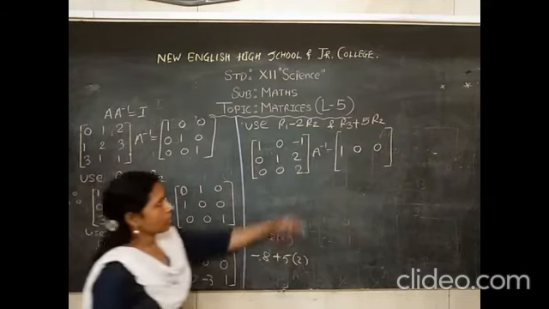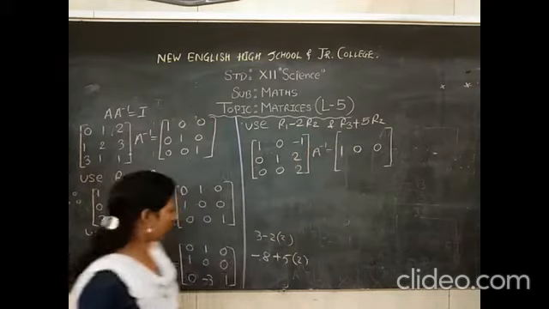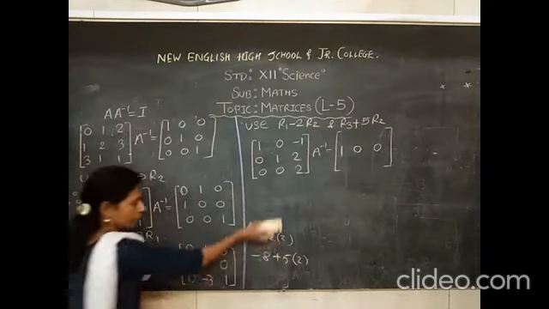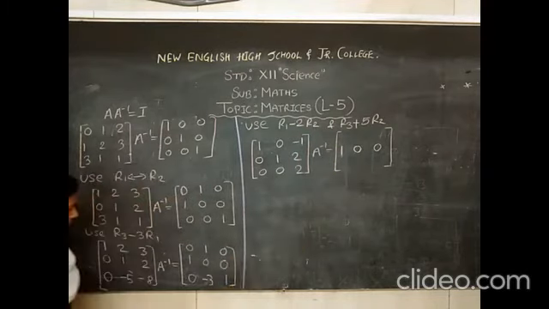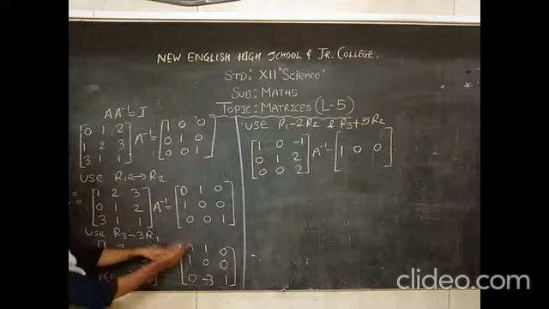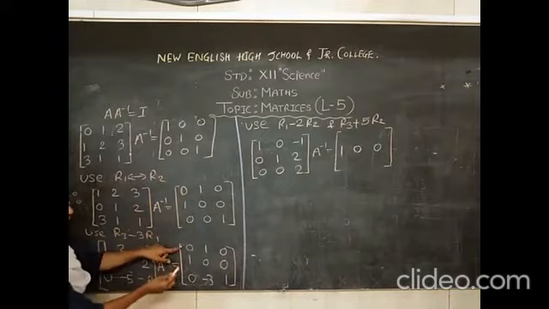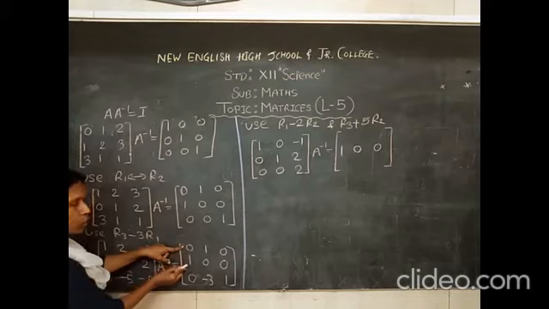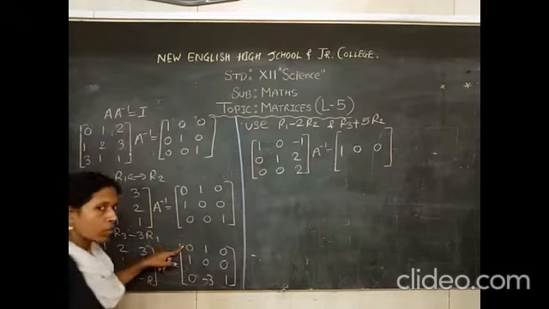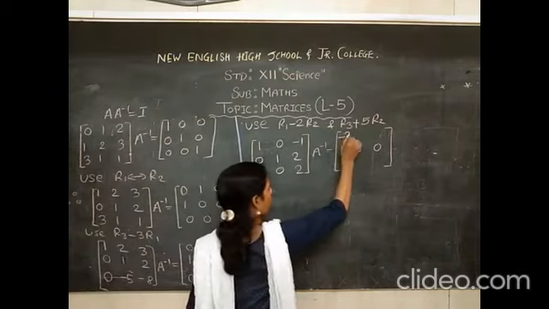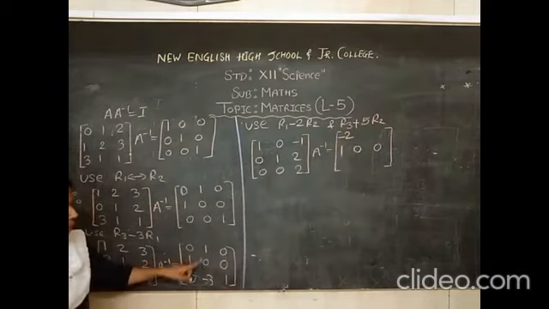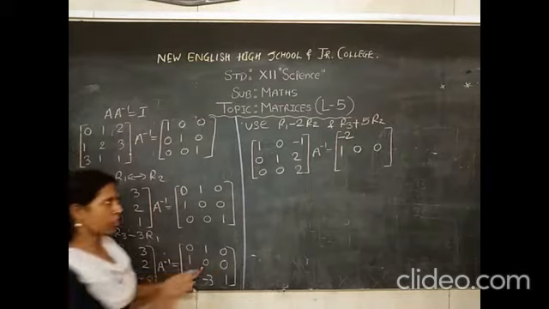Now, let us come on this matrix. Same. See children. First R1 minus 2 times R2. 0 minus 2 times 1. It is minus 2. 1 minus 2 times 0, no change.